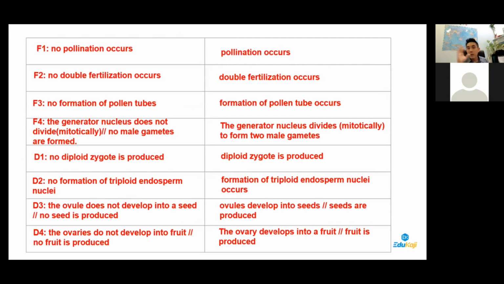And because for papaya plant B double fertilization did occur, therefore the ovule becomes the seed, the ovary becomes the fruit. It's basically just talking about the whole process, but in comparison form, guys.